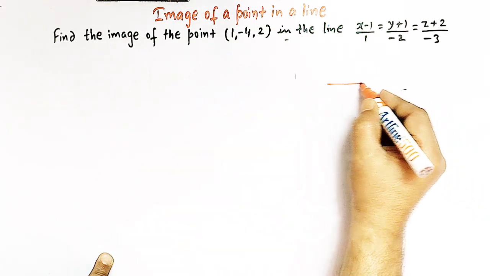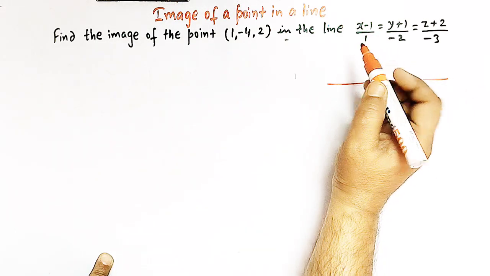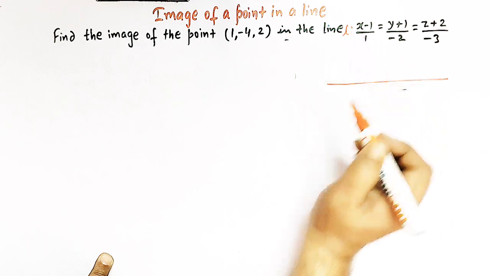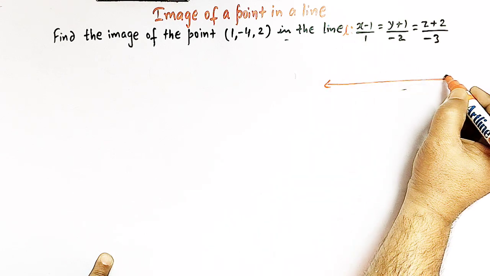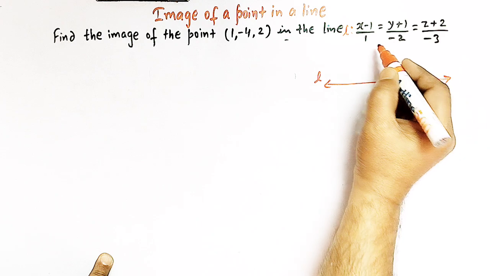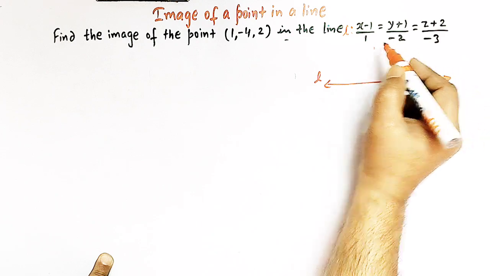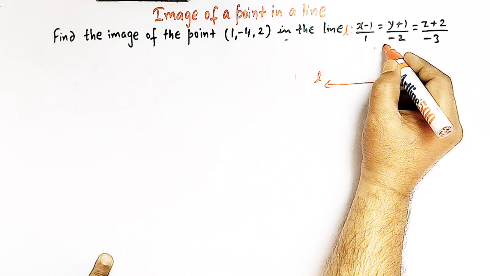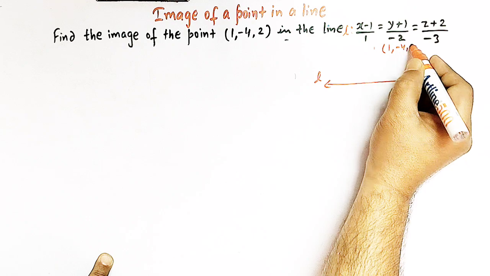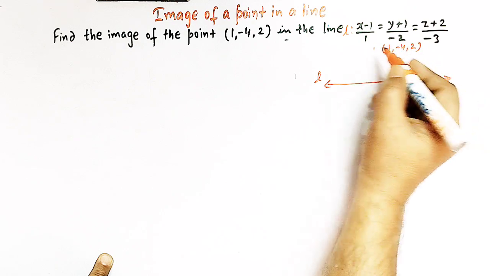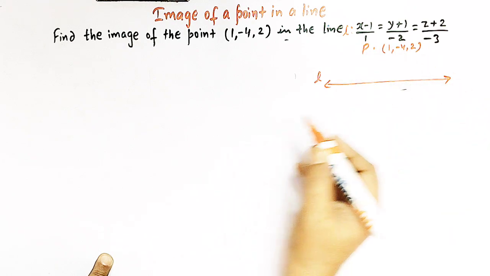So here we have this line. Suppose this line is our line L. So here we have the line L, and here we have the point, that is 1 comma minus 4 comma 2. Let us call this point P, right?